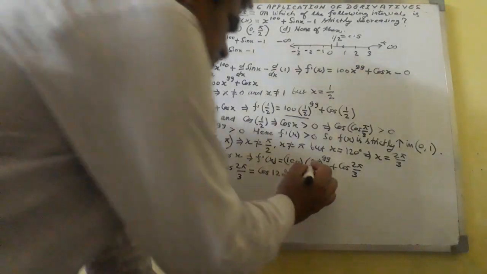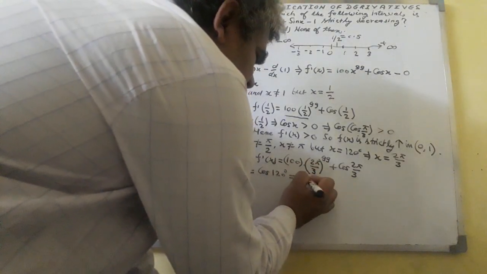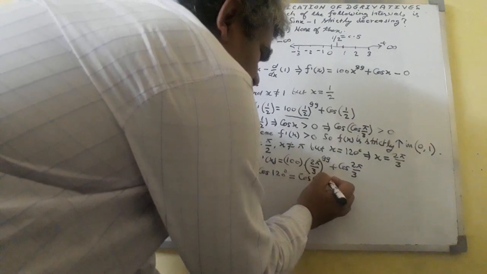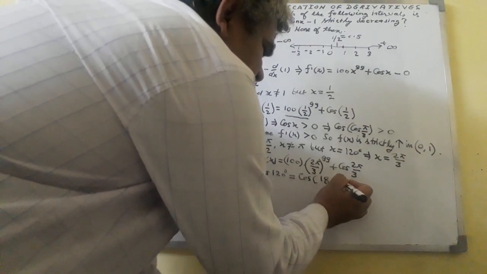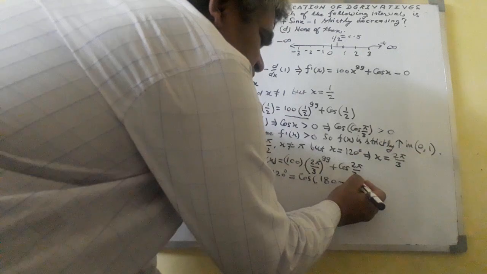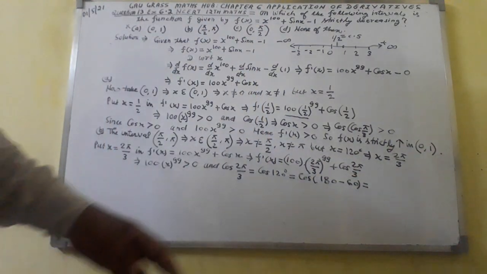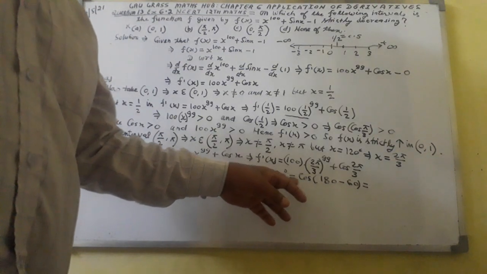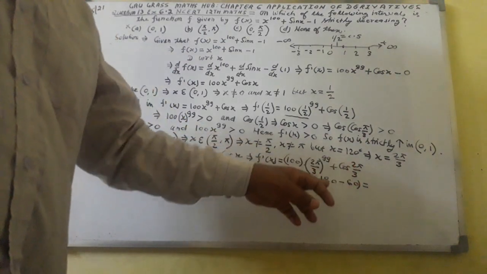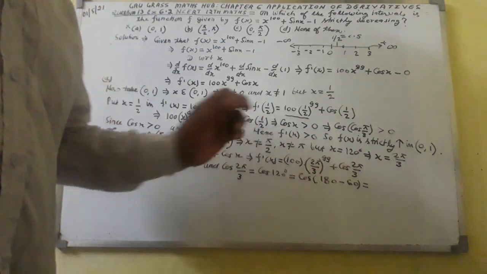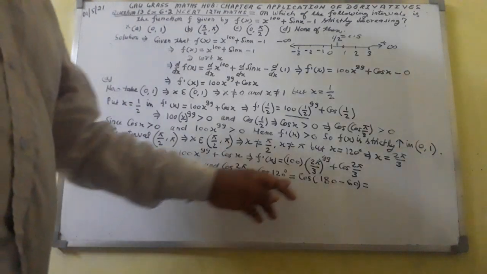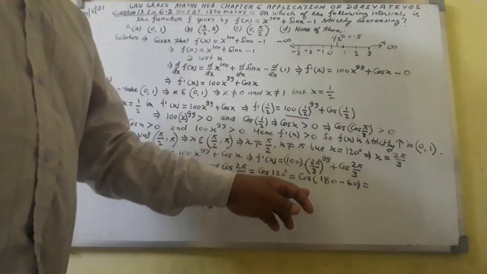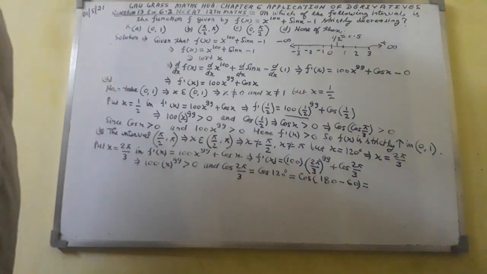So here we will get cos of 180 minus 60. 120 degree can be written as 180 minus 60. 180 minus 60 comes out to be 120. Think over this one. Cos of 180 degree minus 60 degree comes out to be 120 degree.